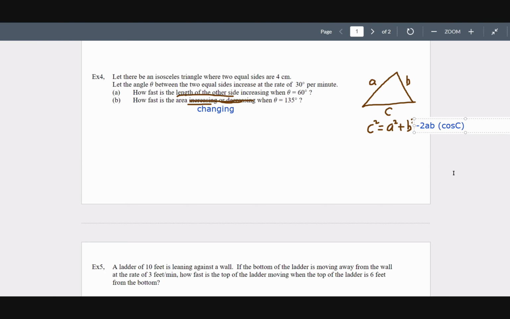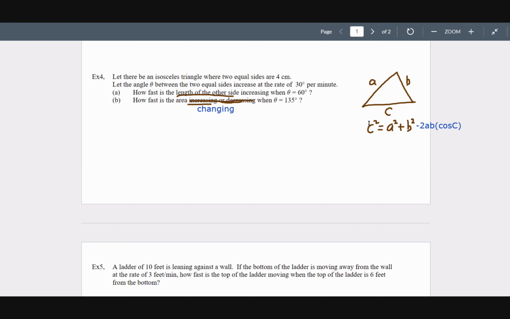This is called the cosine law, or it could be called the cosine second law. But anyway, cosine law in general. This is the formula on triangles.